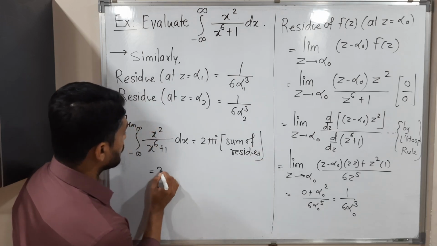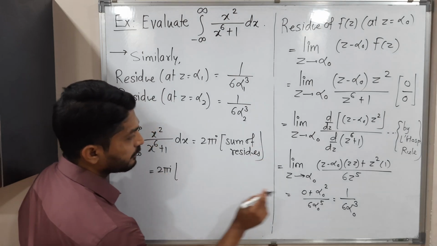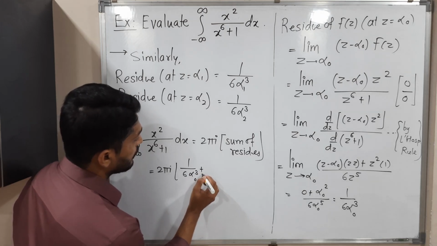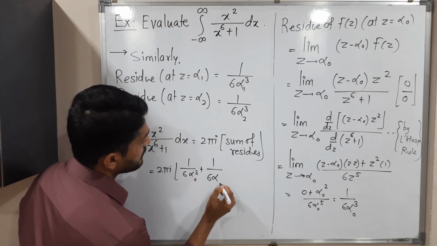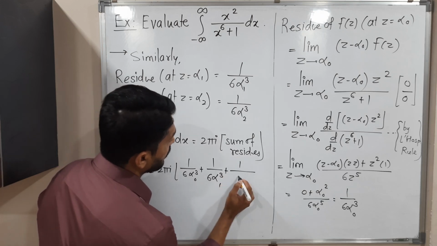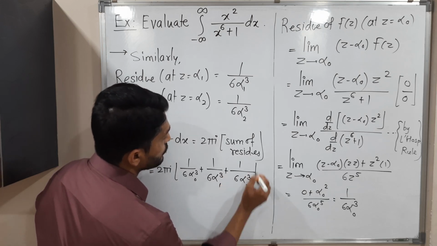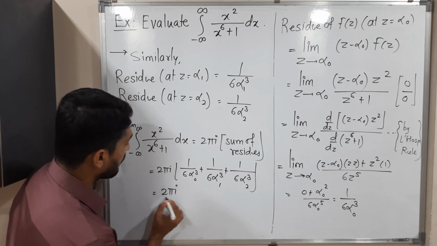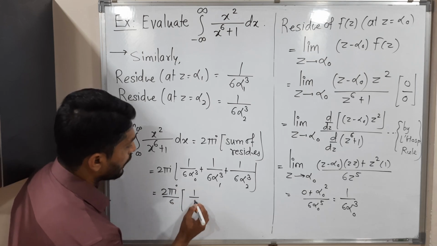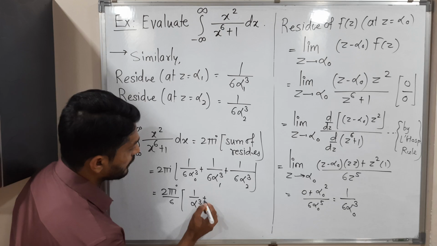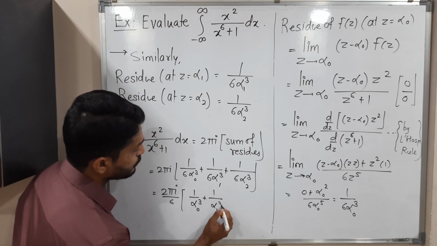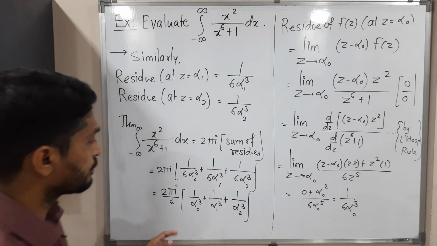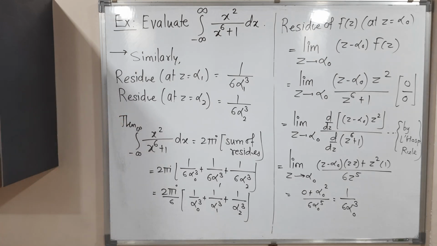So this is equal to 2 pi i times the first residue, 1 upon 6 alpha naught raised to 3, second, 1 upon 6 alpha 1 raised to 3, and 1 upon 6 alpha 2 raised to 3. So 6 we can take common: 2 pi i upon 6, 1 upon alpha naught raised to 3, 1 upon alpha 1 raised to 3, 1 upon alpha 2 raised to 3. Okay, just make a screenshot of it, then we will go further.